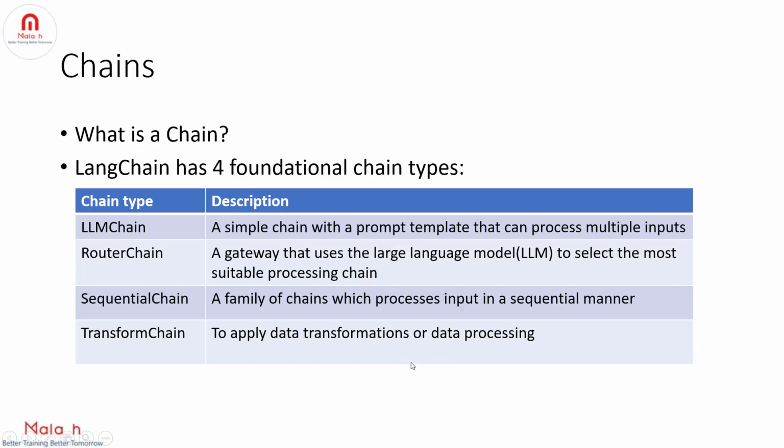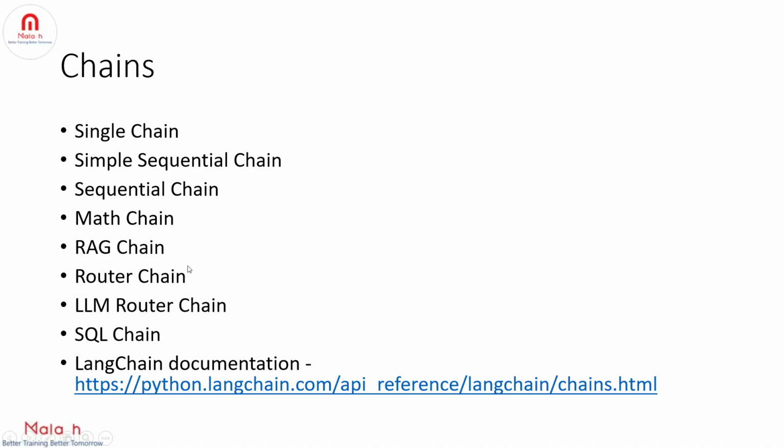For example, let's say if you want to do string manipulation, right? So that's when we use this transform chain. And these chains provide core building blocks for constructing complex workflows with large language models, LLMs, and other tools as well, right?